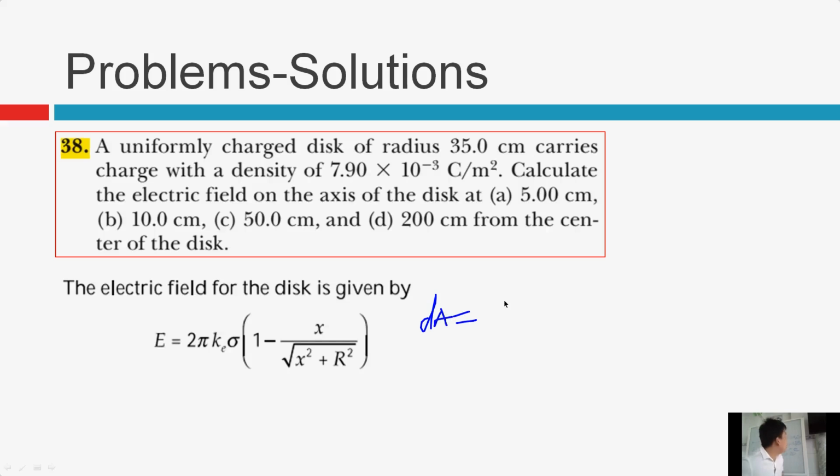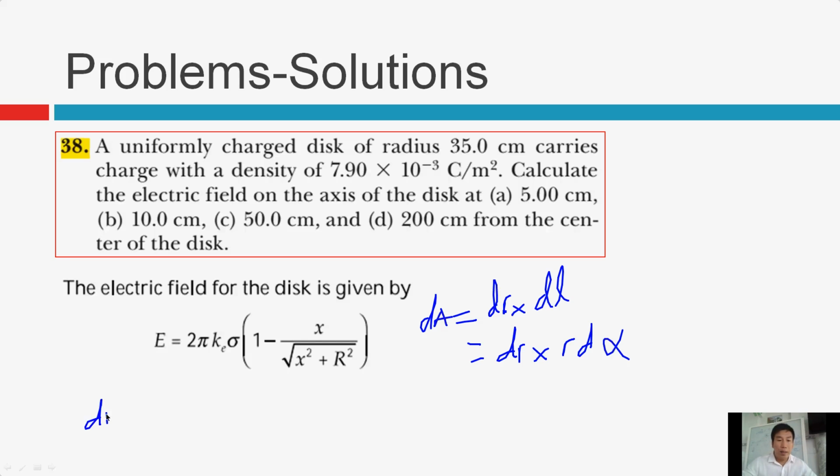Finally we have dA equal dr multiply dl. And dl is r d alpha.